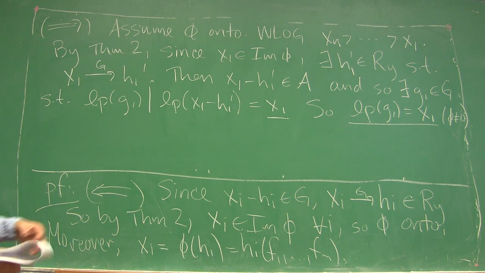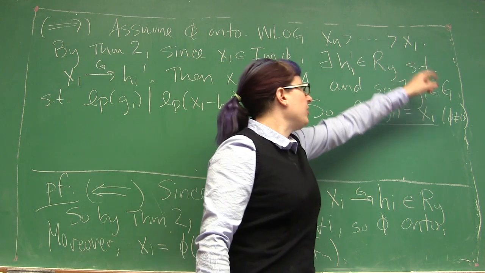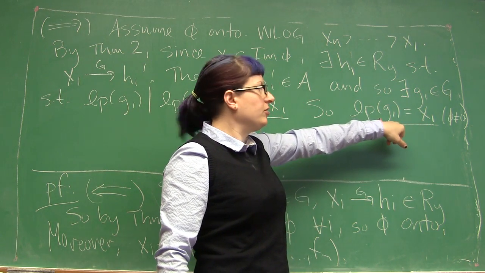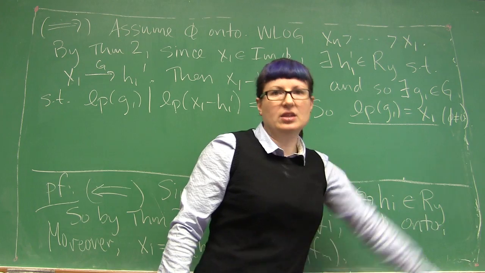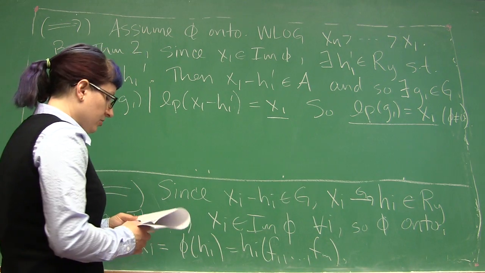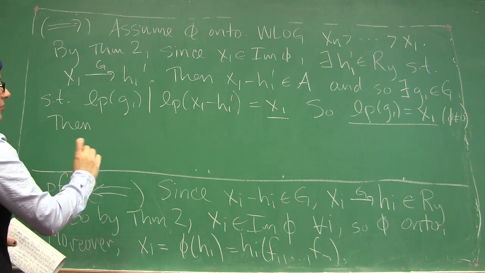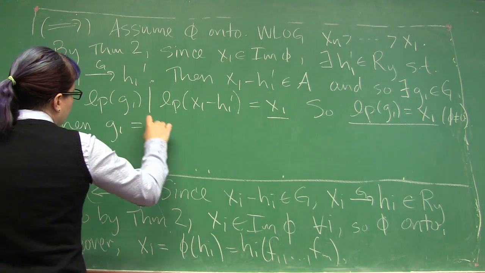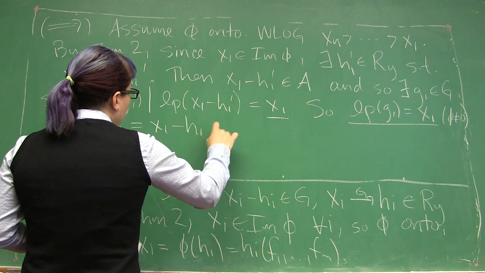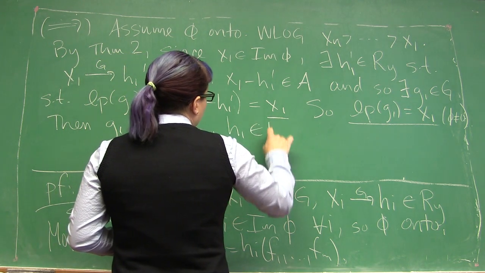Okay, well, since the x1 variable is the smallest of these variables, and that's the leading power product of g1, g1 can't have any other variables in it except for y variables. So that's what we want, but only in the smallest variable case. So then g1 has to equal x1 minus some h1, where h1 is in our y variables.